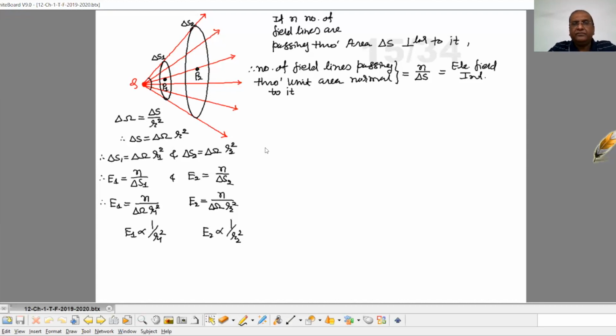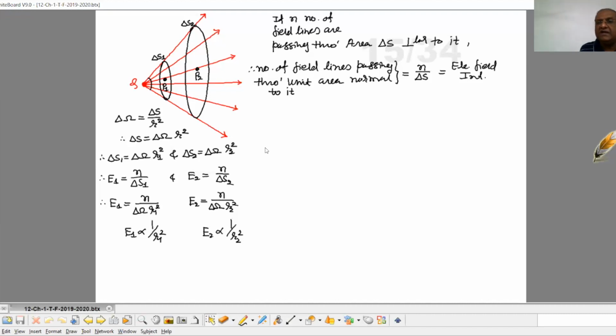Now, another definition of electric field that we can give is like this: the total number of field lines passing through unit area at a particular point, perpendicular to that area, is also called electric field intensity.